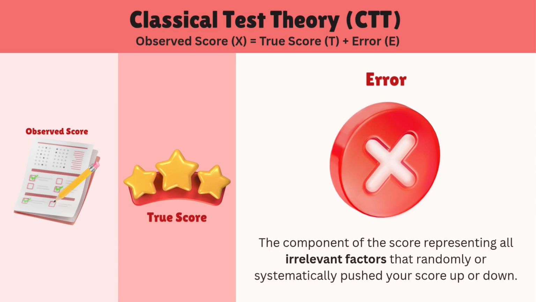And so basically, based on the CTT, every single test score you measure is a mix. Your true score and some amount of error are always present in the observed score. And so the entire goal of reliability is just to estimate how big that error component really is.